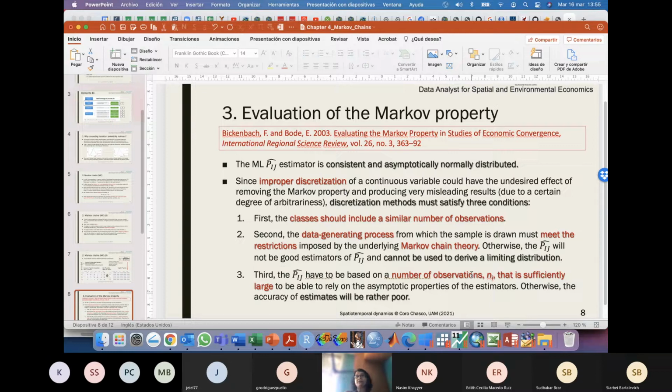So asymptotically. Why? Because we are supposed to have enough data, enough observations, that the sample is sufficiently large. Otherwise, the accuracy of the estimates will be rather poor. They are not going to be accurate. And the same, we won't be able to rely a lot on these PIJ hat values, okay?